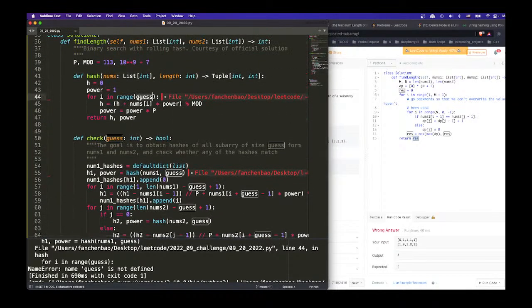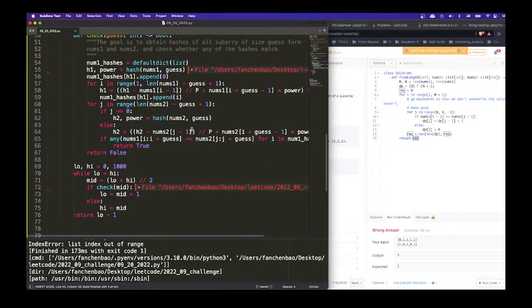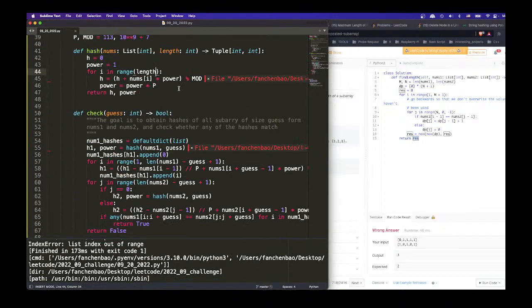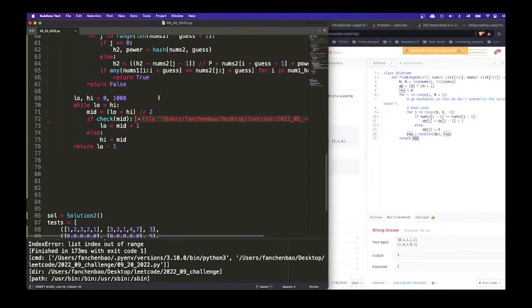Oh, this is not guess. This is length. Index out of range. Where? Oopsie doozy, of course. High should be the maximum of len nums 1 and len nums 2.